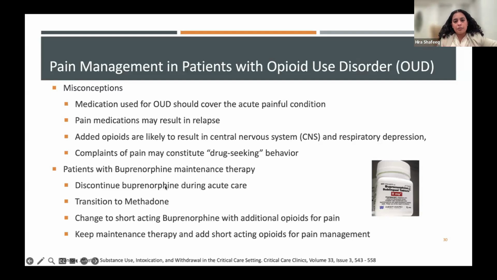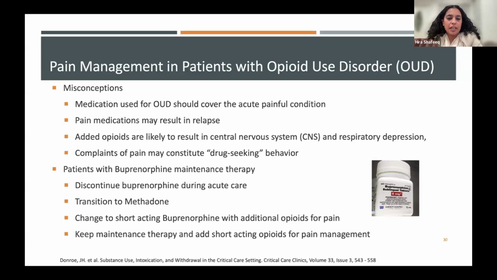A lot of times people think, oh, they're already on something for this chronic use and it should cover it, but we need to manage their acute, post-surgery painful condition just like we would manage any other patient, because anyone that requires opioids after surgery is someone that wasn't requiring it before surgery, right? So it's going to be the same for those patients.